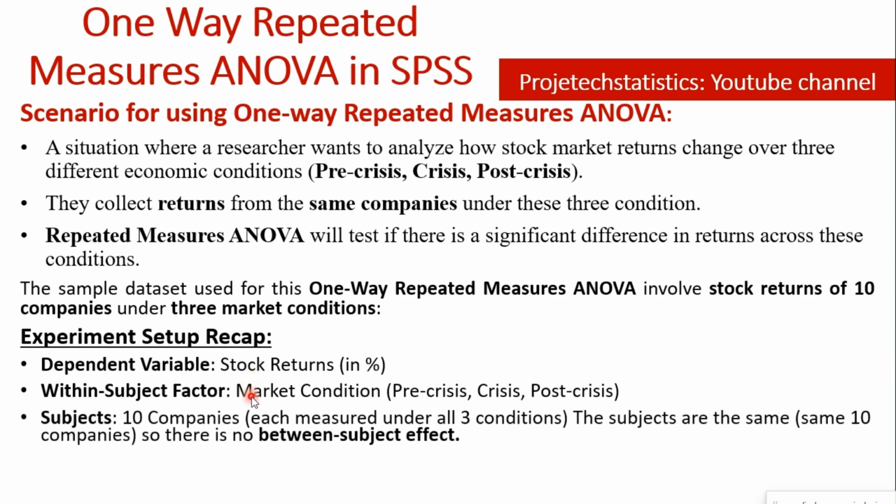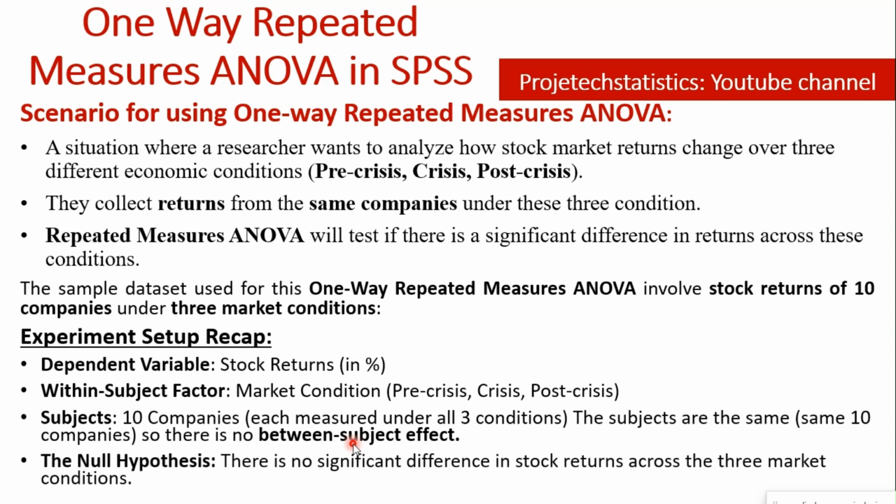I have done a video previously on within subject factors and between subject factors, so you should look for that video and watch it. The subjects in this analysis are 10 companies, each measured under all three conditions. Because the subjects are the same, we are not going to have a between subject factor.